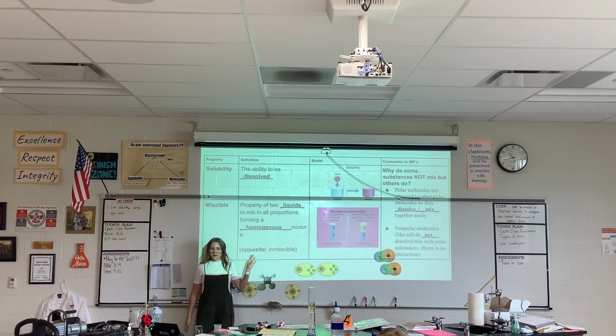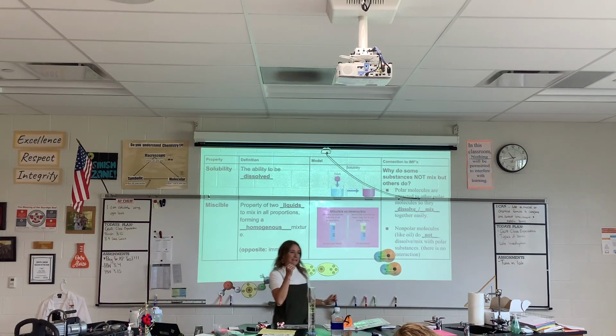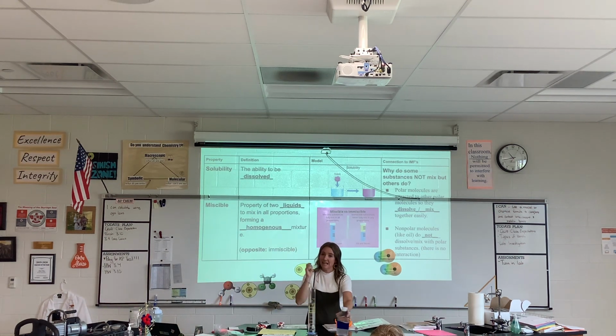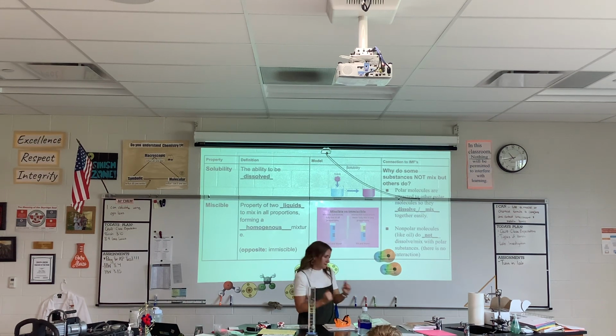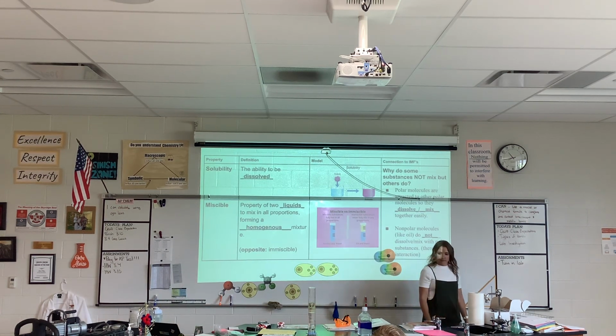Okay, other questions before I do a demo for smiley face and you're gonna write on your board? As a table, you're gonna write me a claim with evidence and reasoning based on the properties of food coloring.